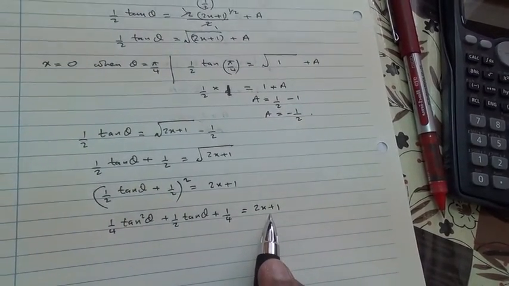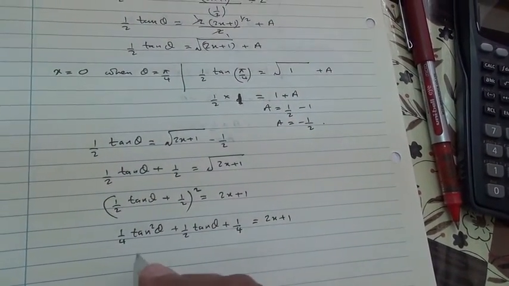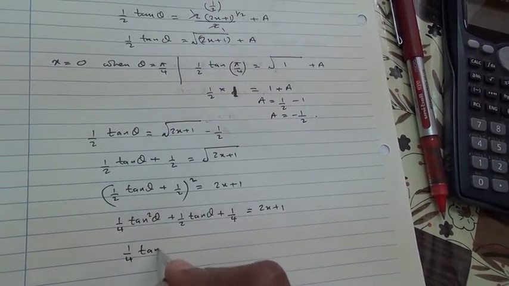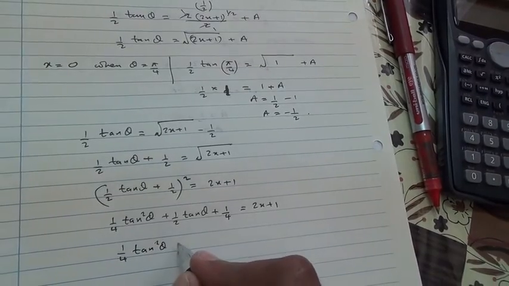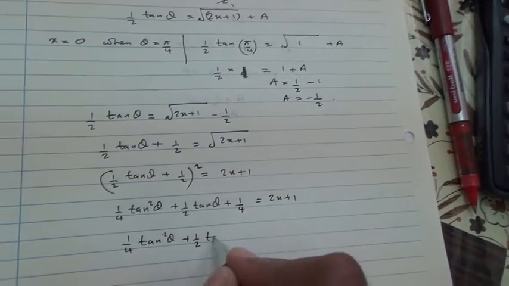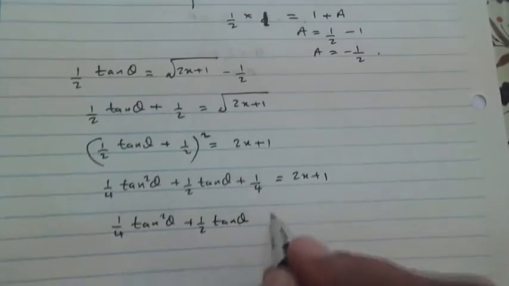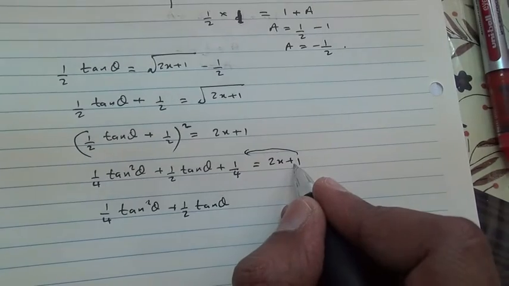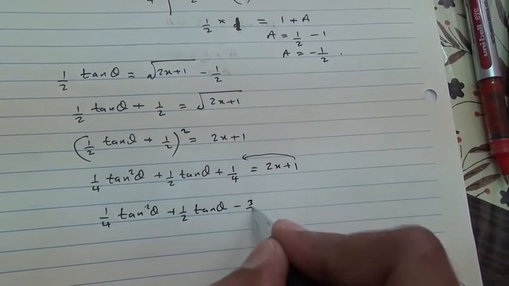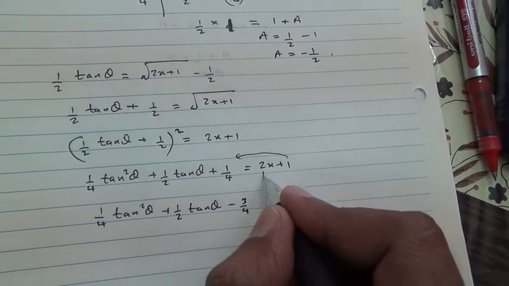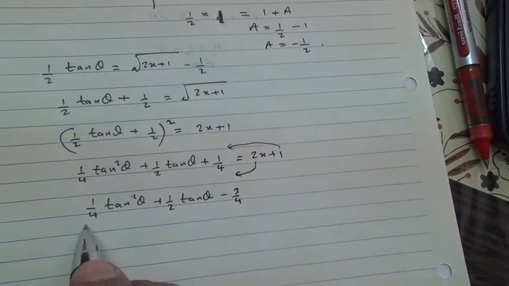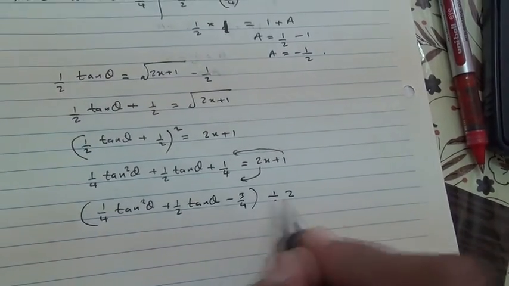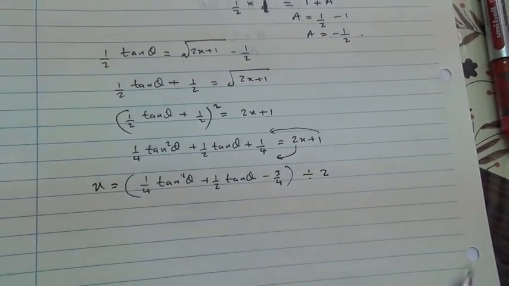Now what else can we do? We can send this to the other side, becomes 1/4 tan squared theta plus half tan theta, plus 1/4, send the 1 here, 1/4 minus 1 is minus 3/4, and the 2 goes there, becomes divide, so the whole expression here, you divide by 2, is going to equal x.